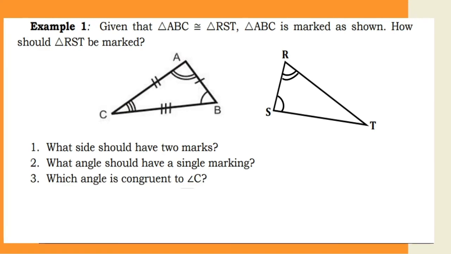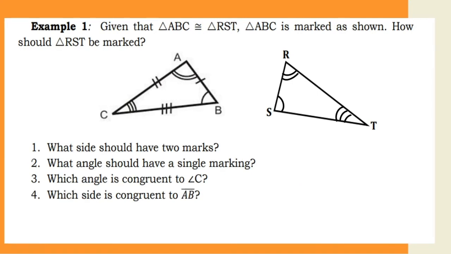For question number 3, which angle is congruent with angle C? What do you think is the answer? Very good. Angle T corresponds to angle C, then they are congruent.